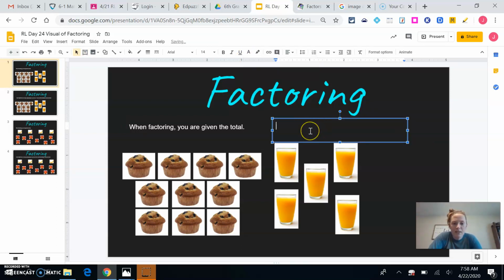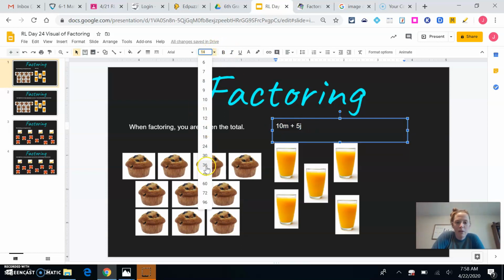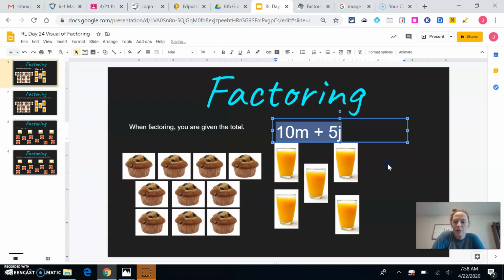We are presented with 10 muffins, or M, and 5 cups of juice. So we're going to call that 10M and 5J. I'm going to make that just a little bigger so that you can see it.